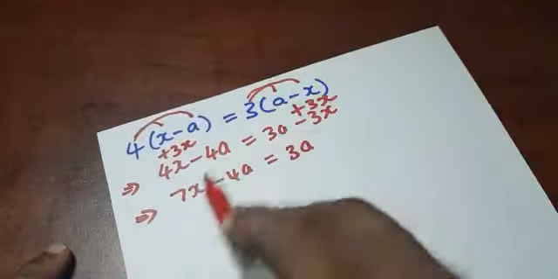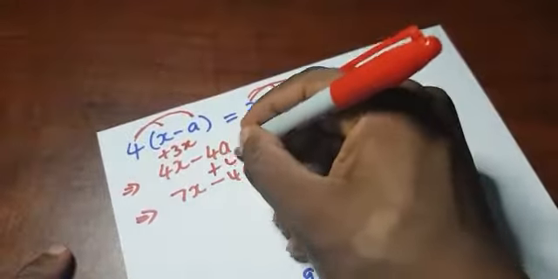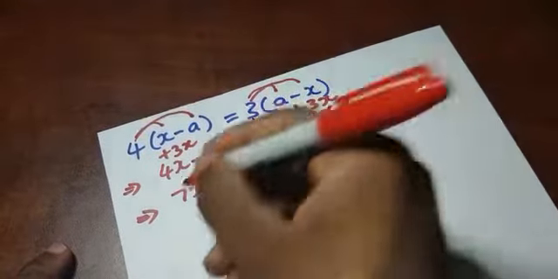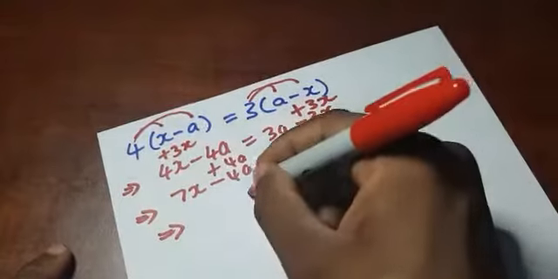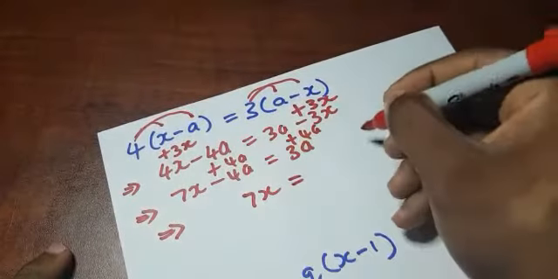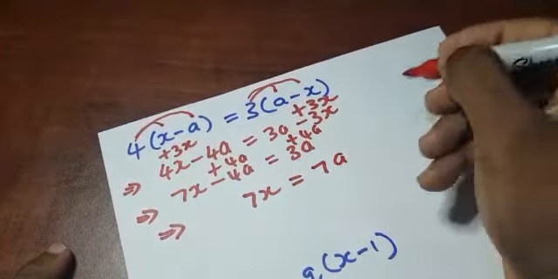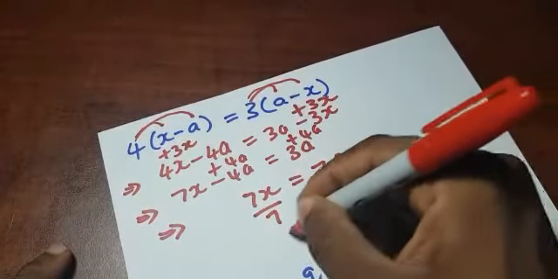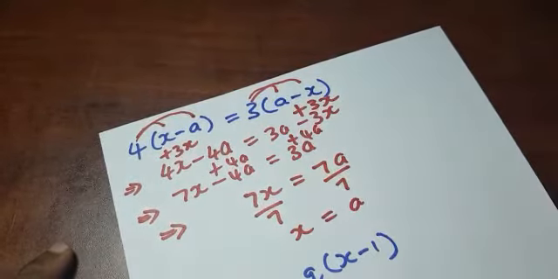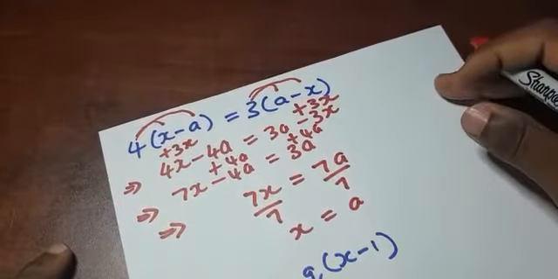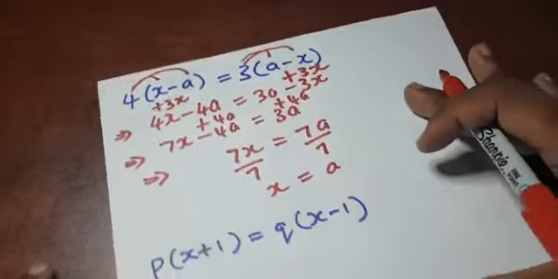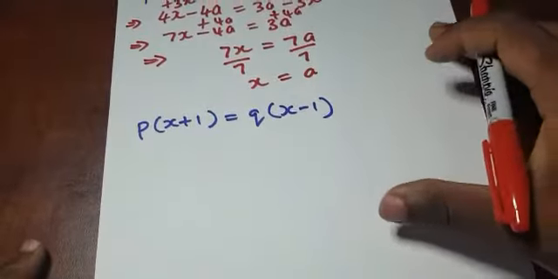And then to get 7x by itself, we add 4a to both sides. Now this becomes 7x is equal to 7a. You divide both sides by 7. x is equal to a. So this is a pretty interesting one. Alright, so moving on to the next question.